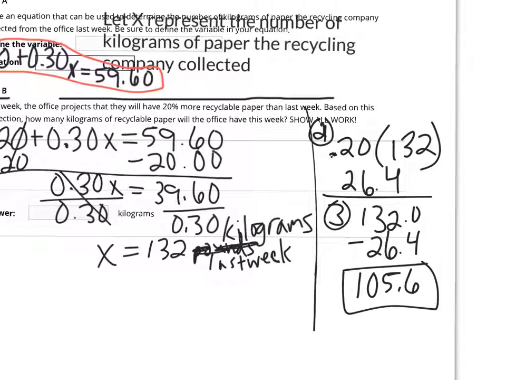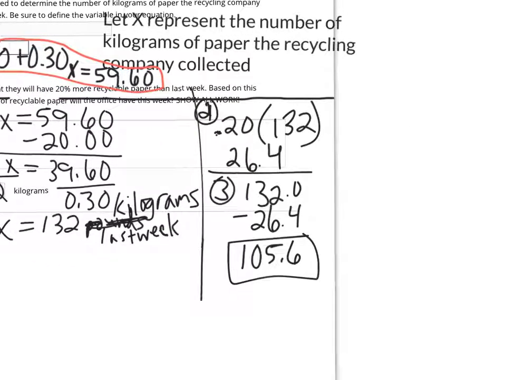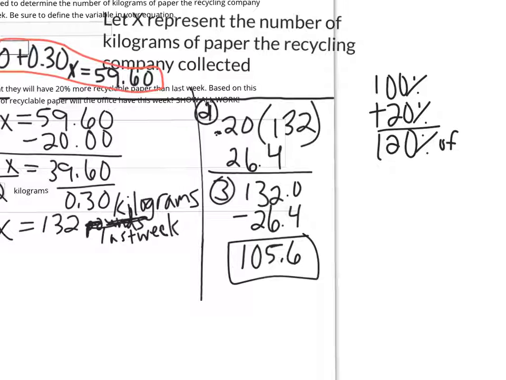Another way you could do this second part of the problem would be: 100% would be the full amount, so 20% more than that would be 120%. So we could say, let's find 120% of 132.